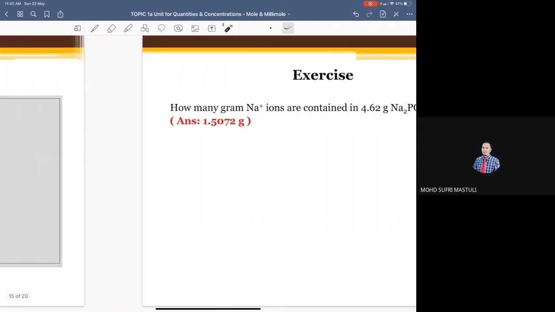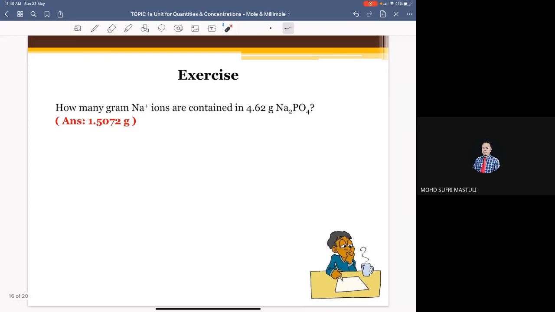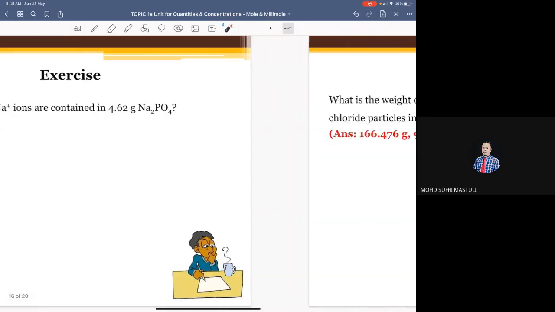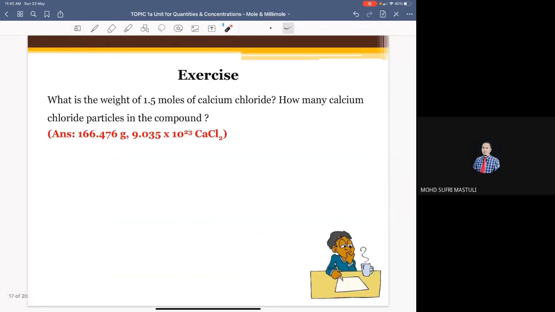Okay, you can try this exercise. How many grams of sodium ions are contained in 4.62 gram of sodium phosphate, Na3PO4? This is quite similar with the previous example. The answers are given here, you can try. Also, this is another question that you should try.